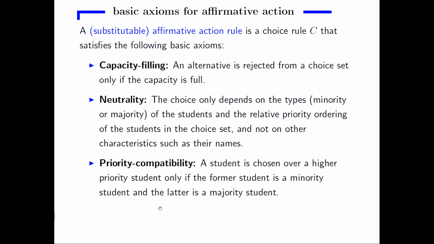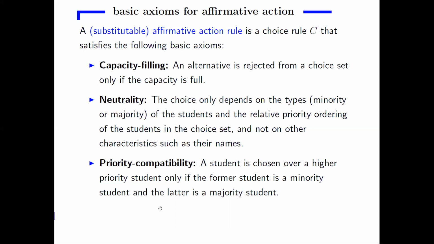Priority compatibility is, in a sense, what distinguishes an affirmative action rule from a choice rule. It requires that a student is chosen over a higher priority student only if he is a minority, but the other guy is a majority. Say that now you have a lower score compared to another person who is an applicant to a school, you are accepted, but he is not accepted.